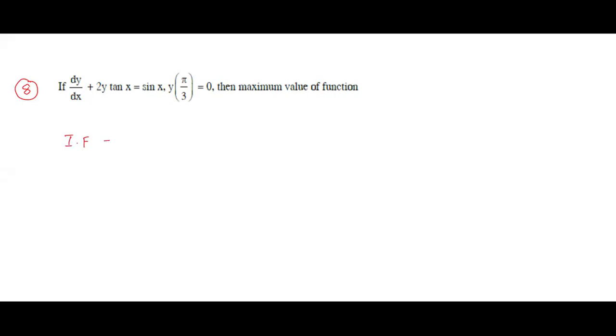Integrating factor is equal to e power integration P dx, that is 2 tan x dx. Integration of tan x is log secant x, so we get overall e to the power, secant square x.